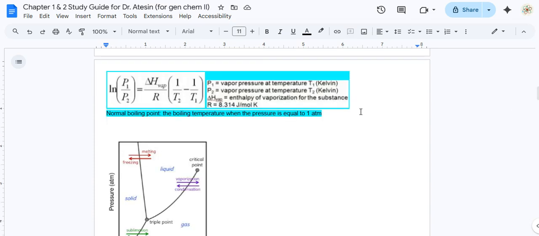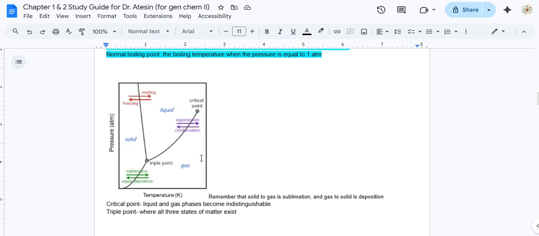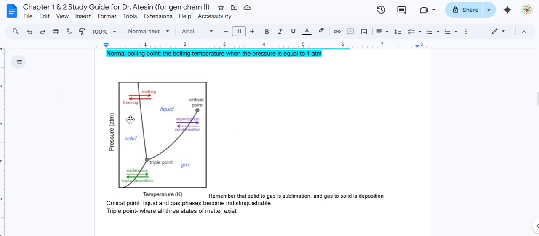Now the next topic, it's also pretty easy. It's just a chart of temperature and pressure. You don't have to understand this too much. Just know this area is gas, this area is solid, and this area is liquid. And this is a triple point because it comes in contact with all three states of matter.